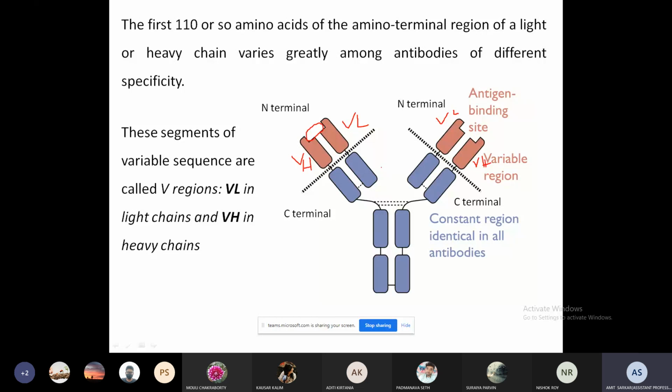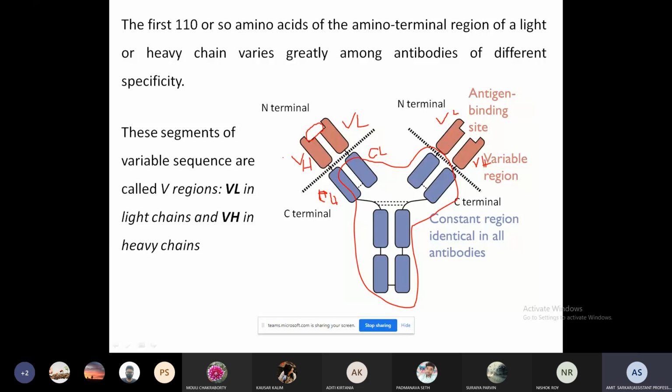It remains constant for all different types of antibody. That's why the blue marked region, everything over here, is known as the constant region. Because this is a light chain, we call it CL or constant light chain region, and for the heavy chain, CH or constant region of the heavy chain.